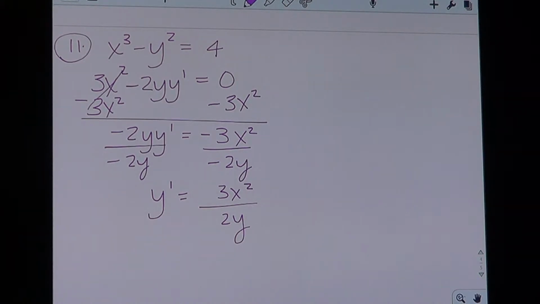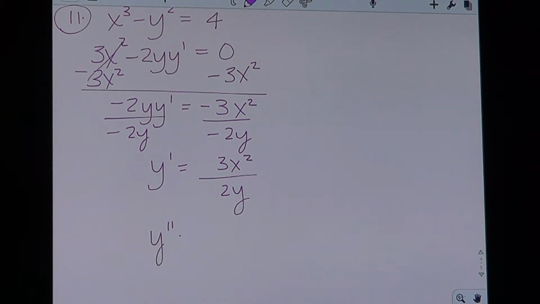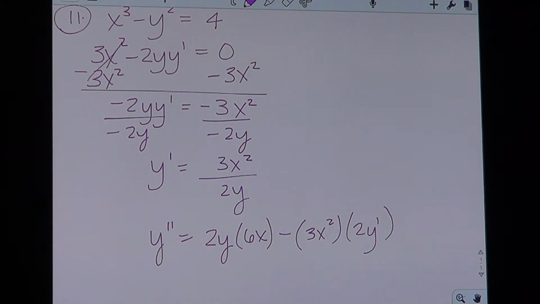Okay. So then we find the second derivative. And we have to use the quotient rule, because it's a fraction. So it's bottom times the derivative of the top, which would be 6x, minus top times the derivative of the bottom, which would be 2y prime, over bottom squared, 2y squared.